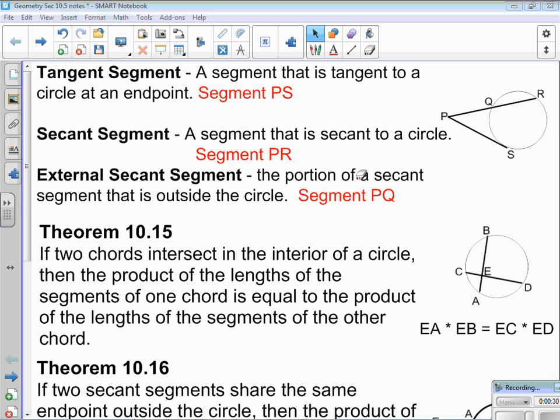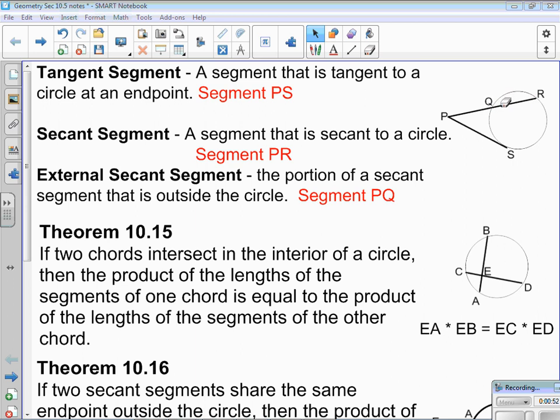A secant segment is a segment that is secant to a circle, which would be segment PR, hitting the circle in two places. But it does go outside the circle, because remember, if it didn't go outside the circle and just hit it in two places, then it's just a chord, not a secant.